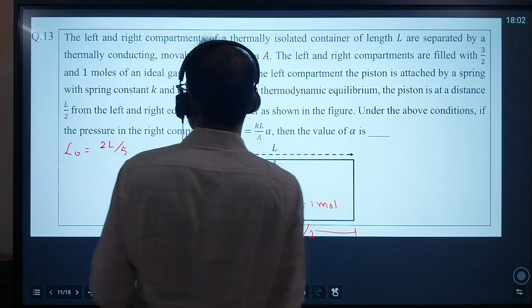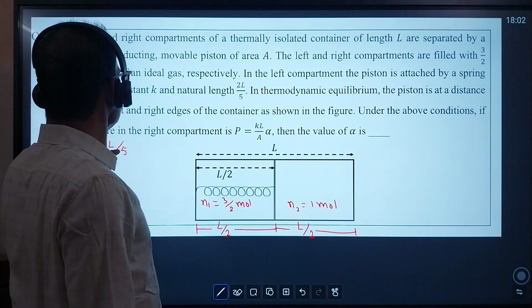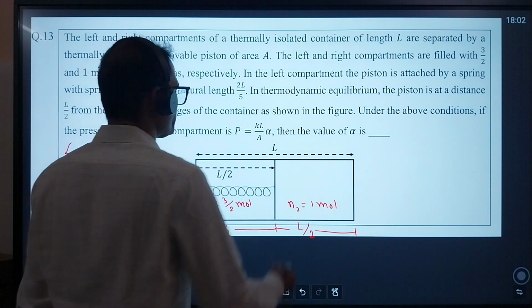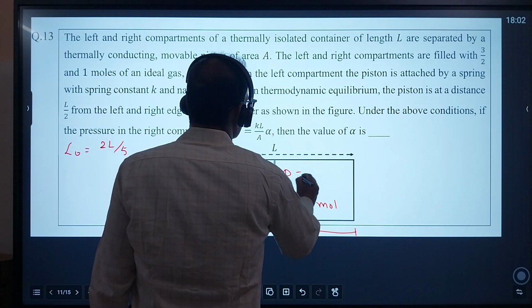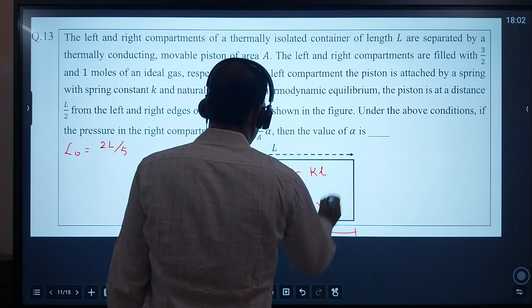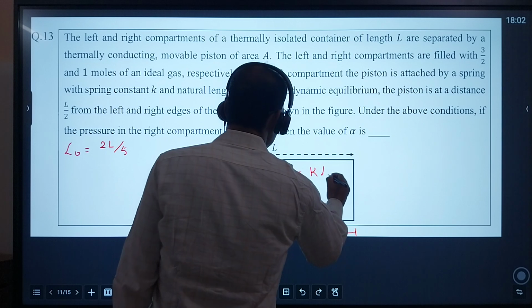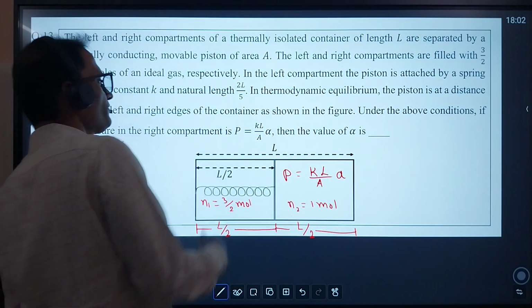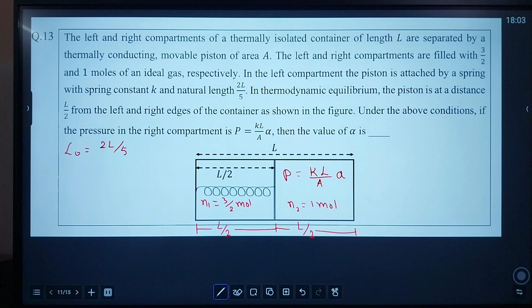Under the above condition, if the pressure in the right compartment is K L by A alpha, then we have to find the alpha value.